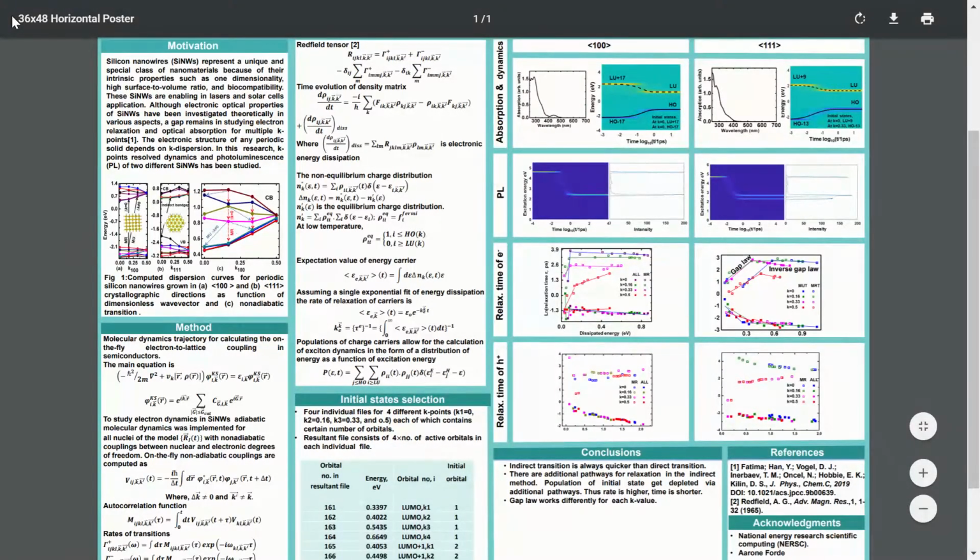Now I would like to talk about the relaxation rate, relaxation time. If anyone has a question before that, please ask. So these two figures are for relaxation times of electrons. And as we can see, these results are already published.